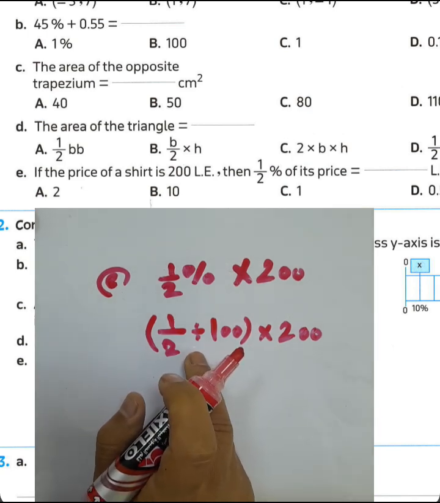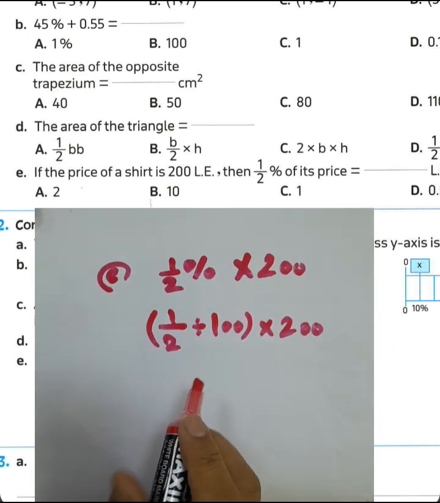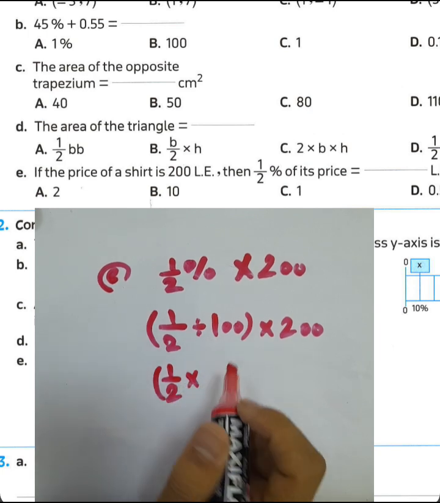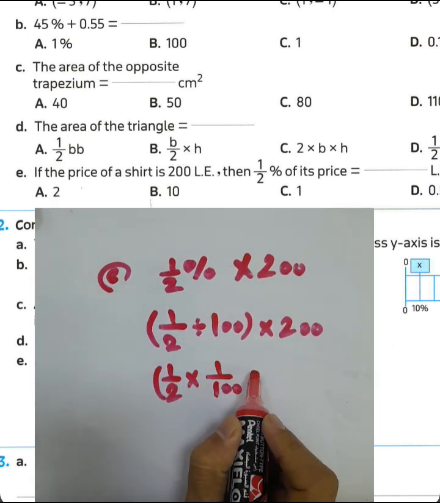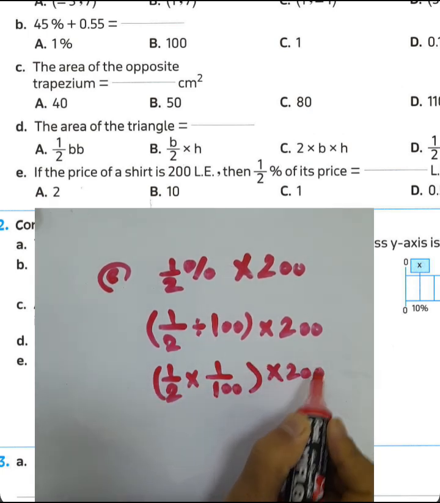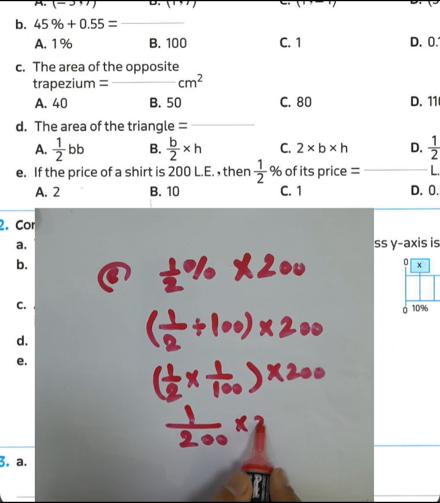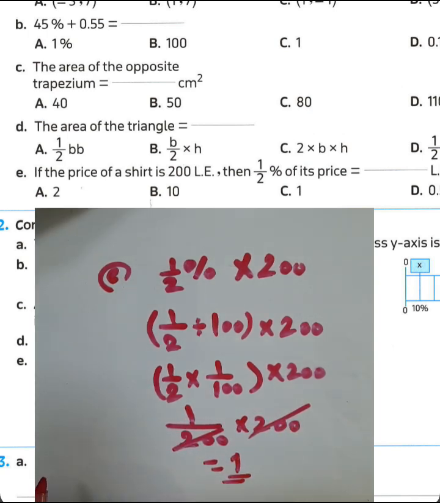We must convert the division to multiplication and write the reciprocal of 100. It will be 1 over 100 times 200. We know 1 times 1 equals 1 and 2 times 100 will be 200, times 200. Cancel them, the result will be what? 1. The result will be 1. Choose letter C for question letter E.